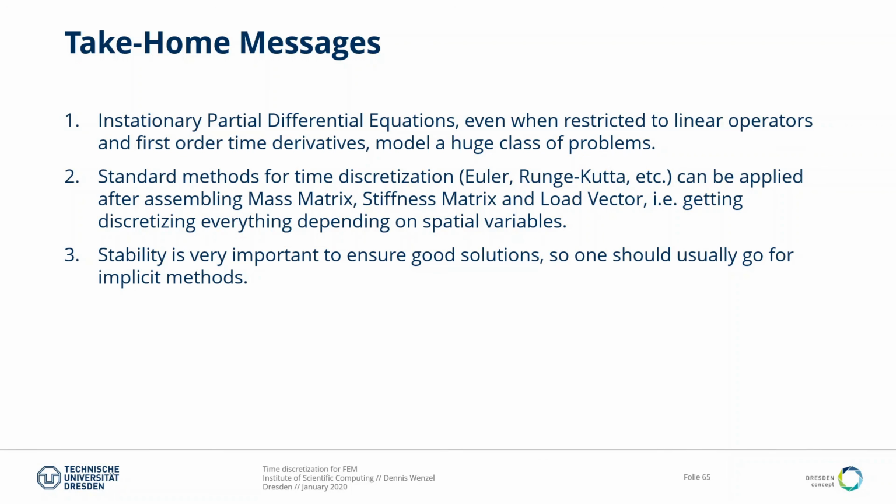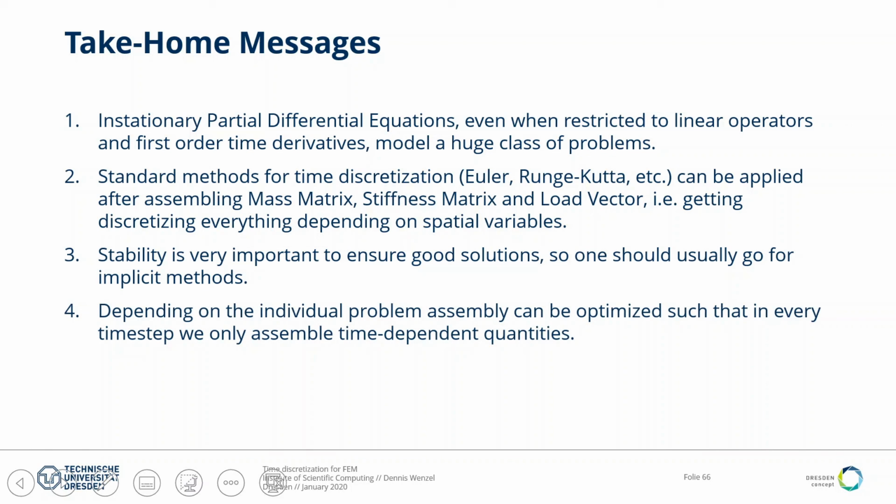So you should always go for implicit methods, especially because in FEM, that doesn't mean additional effort. It's essentially the same effort. You just rewrite your system slightly differently. And you can optimize assembly depending on the individual problem. So if, for example, your right-hand side function f does not depend on time, you don't assemble the load vector in every time step.